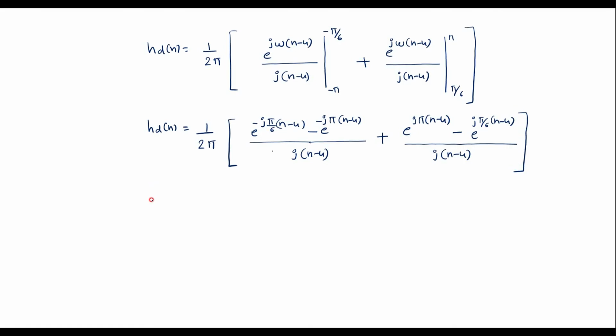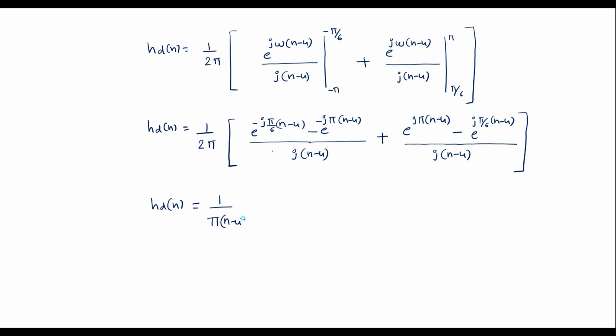Then I can simplify this as HD of n is equal to, here we can see that j times n minus 4 is common on both sides, so this will be the LCM. I will take n minus 4 out of the bracket and I will take this 2 inside, so that I can represent it as 1 upon pi times n minus 4.